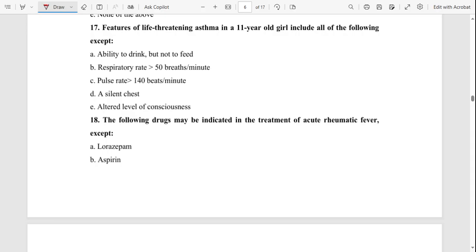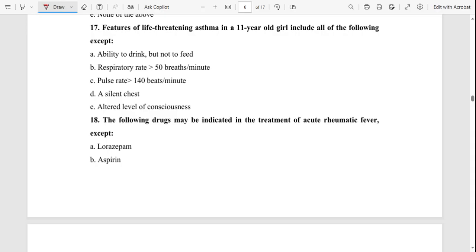Firstly, what is the problem in this case? If this is asthma, and it's life threatening, there is obstruction to the airways, and someone is not able to take in enough air. For option A, able to drink but not feed: if someone is able to drink, it might not be that bad.